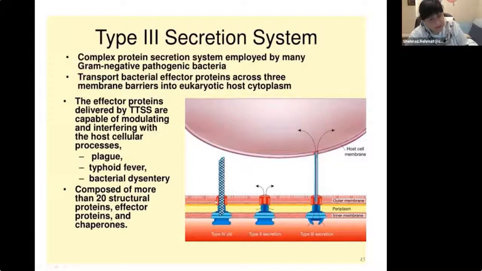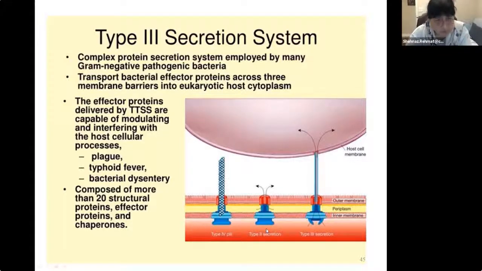The model shows that there are about 20 structural proteins. There will be the effector protein that will be delivered, and there will be some chaperone proteins also involved in this whole system of delivery. So this is the idea of type 3 going through, making a pore or attaching to the host cell and delivering.